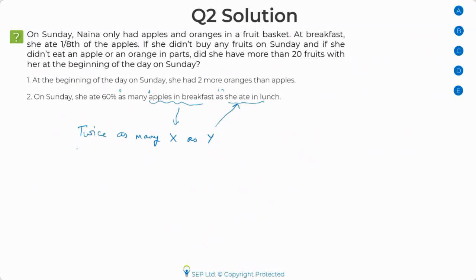Okay. So whenever you see a form like this, twice as many X as Y, what that means is you need to break it down. Twice as many X. So X is twice as many as something. What something? As Y. So you're going to write X is equal to 2Y.